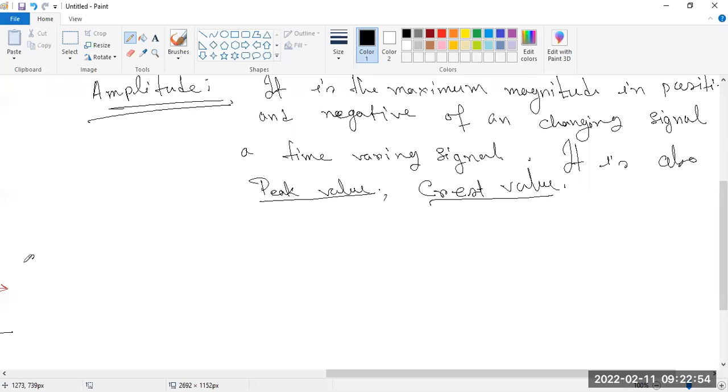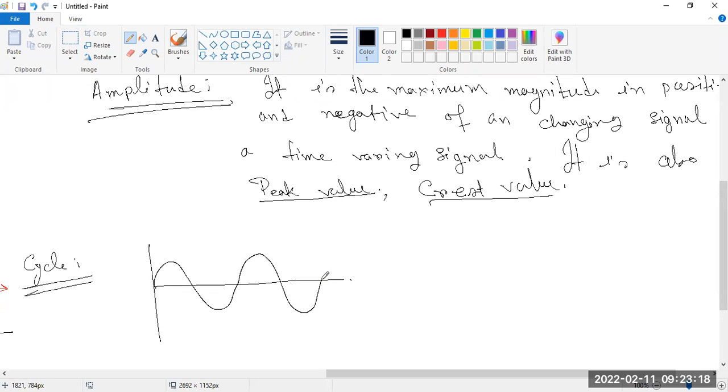Now cycle. You all know this from your previous courses, but once again you have to recall this. Look, cycle. From this point to this point, this is called one cycle.